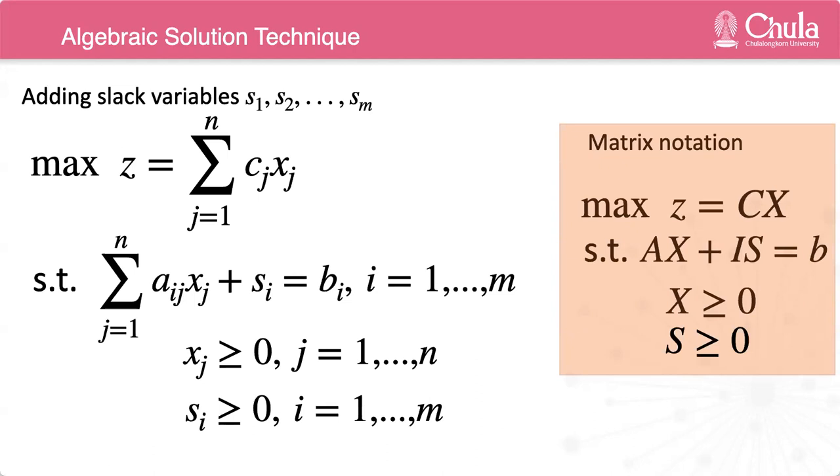For any inequality less than or equal, we just add a slack variable and then we can transform it to equality form, an equality constraint, okay? So the matrix notation of this form is just like this, okay? Ax plus Is equals b. What is I? I is the identity matrix, okay? And b is a vector, of course.